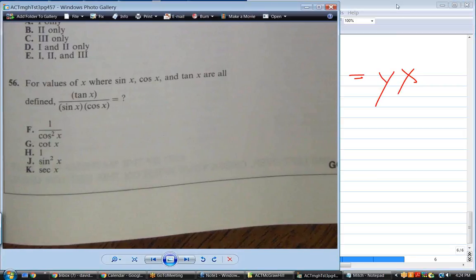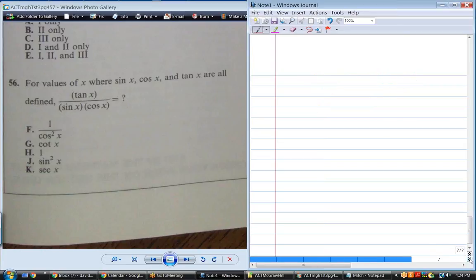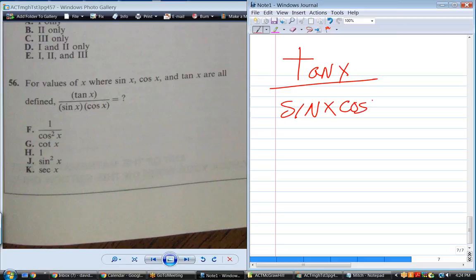All right, a good trig question. It's the first step. Which identity do you need?